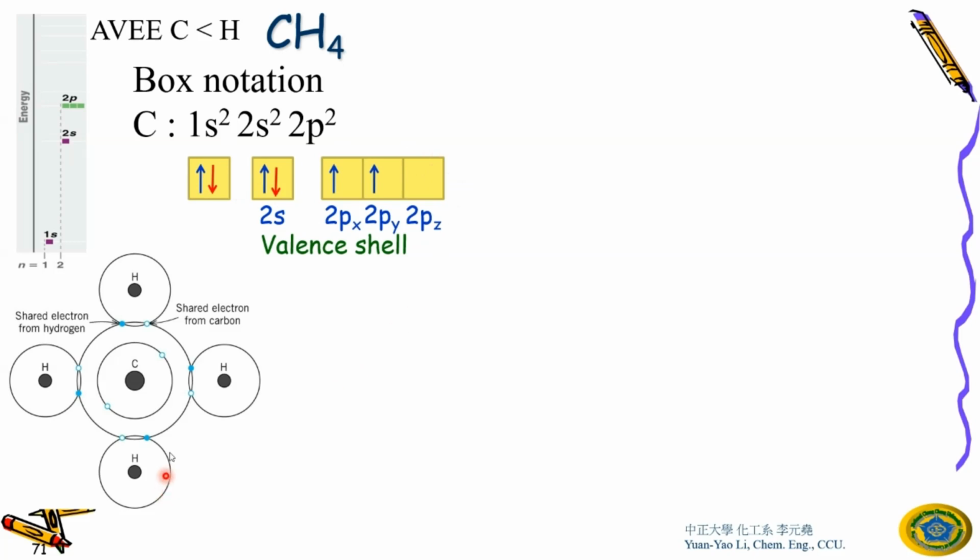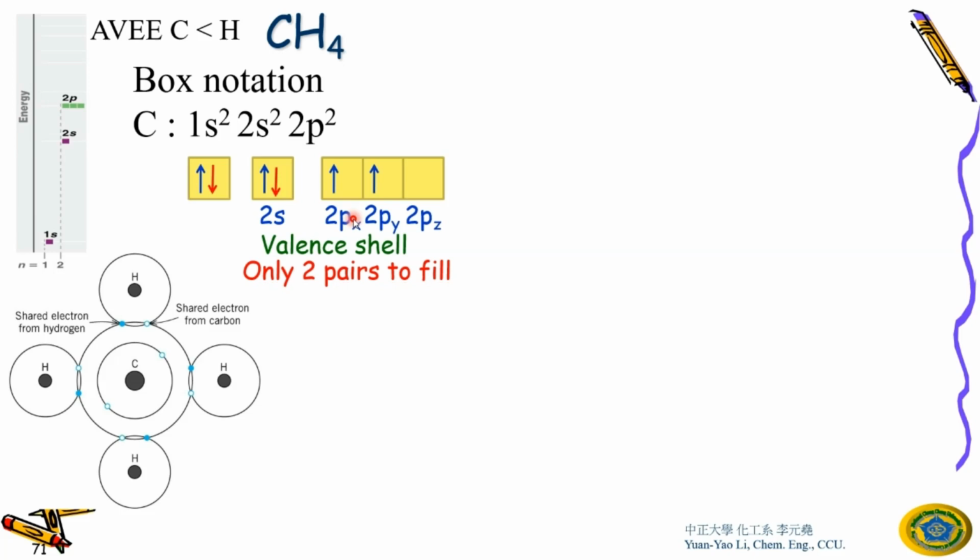However, when you want to share 4 electrons with the 4 hydrogens, the bonding of this carbon and hydrogen has to be equal. So now the problem is how you can put the 4 electrons on this carbon to let it become an sp3 hybridization, an sp3 configuration.